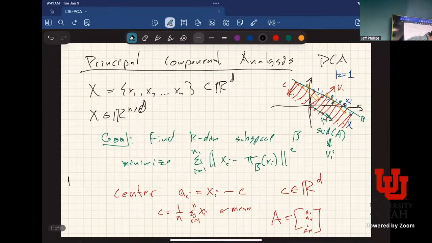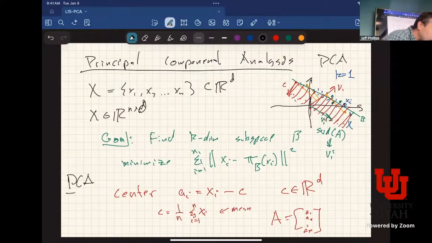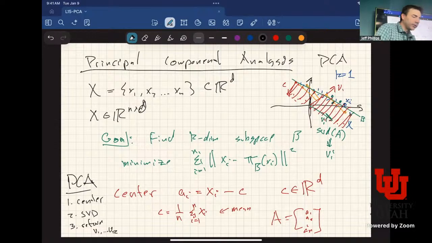So PCA is: 1, I center; 2, I do SVD; and 3, I return V1 up to VK, the subspace defined by these, the top K right singular vectors, and I can project onto those.